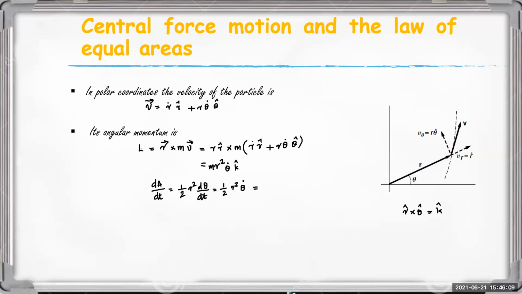Here this is L, but L has a component along the Z direction. So I write here Lz is equal to m r square theta dot. Then r square theta dot is equal to Lz divided by m.